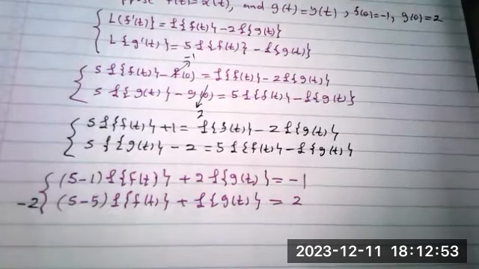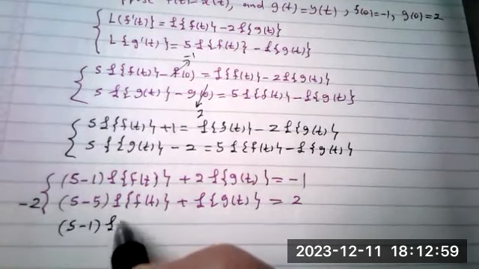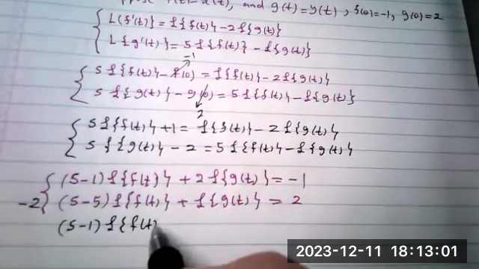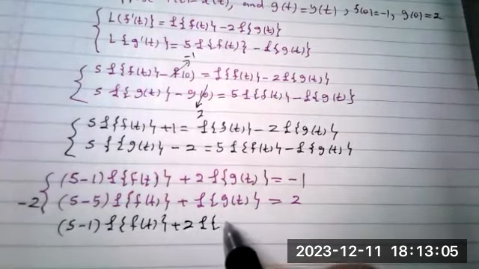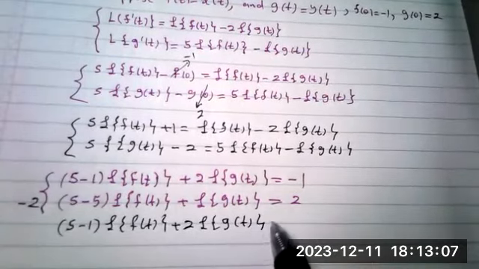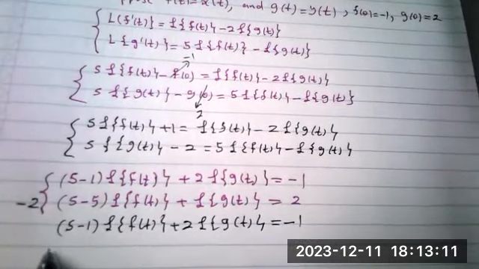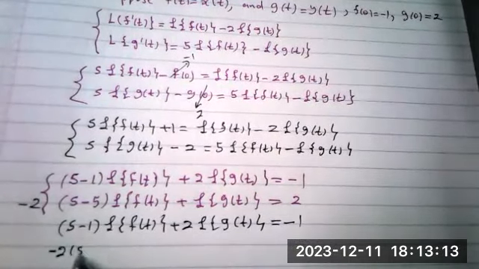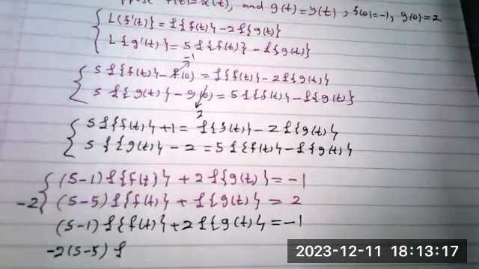So the first one is unchanged: s minus 1 Laplace of f of t plus 2 Laplace of g of t equals -1. Multiply the second one by -2 times s minus 5.